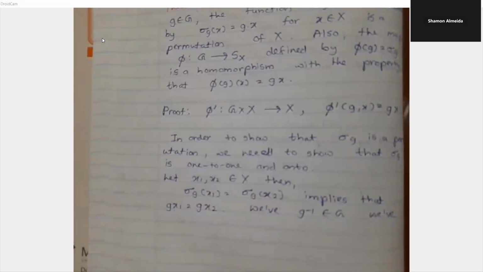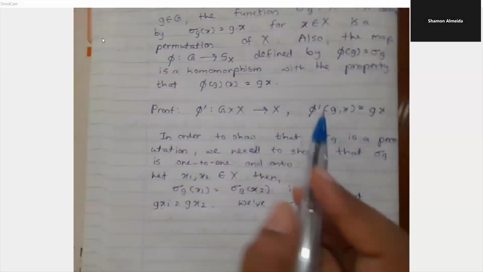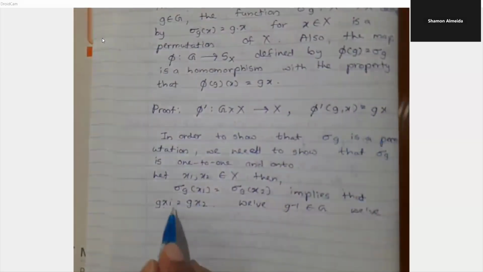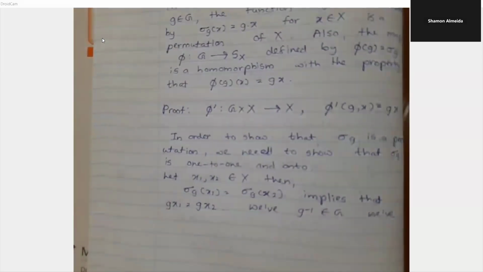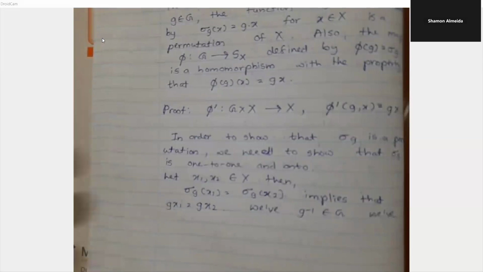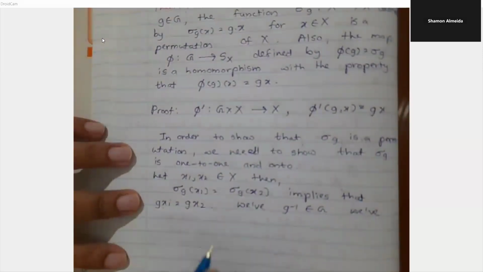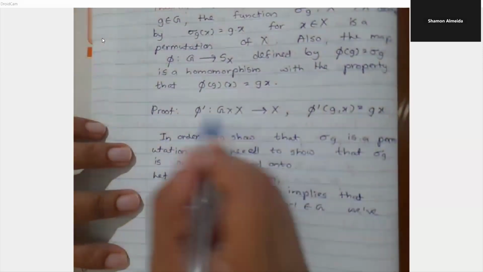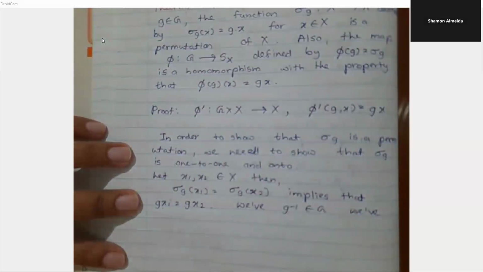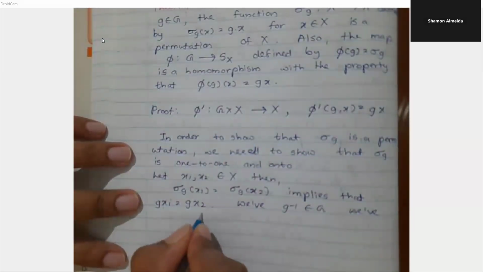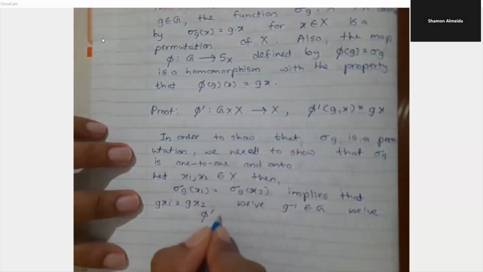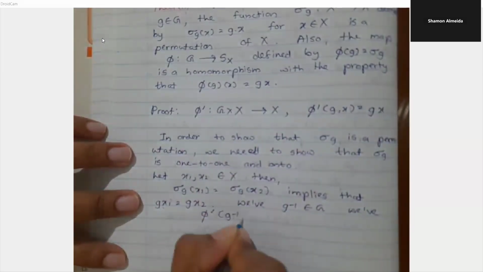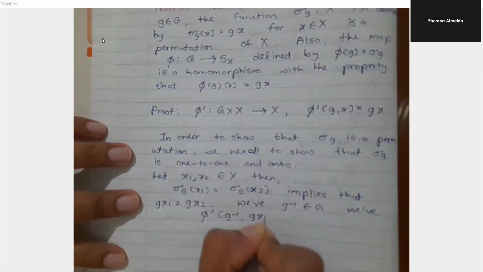So we have to be clever and remember to use the group action given over here. We simply can't take g inverse in this equation, right? So what do we do? We know that from the group action, G acts on X. So we will take phi prime of g inverse, gx1.